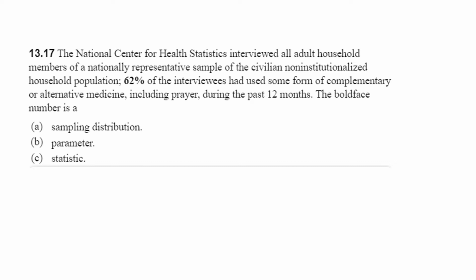That is, in order to get values for the entire national group, adults in the entire nation, they are using a small sample, and 62% of that sample group are using this alternative medication. So this 62% is the result obtained for the sample. The result you get for a sample is a statistic. So this boldface number, 62%, is the statistic for the data.